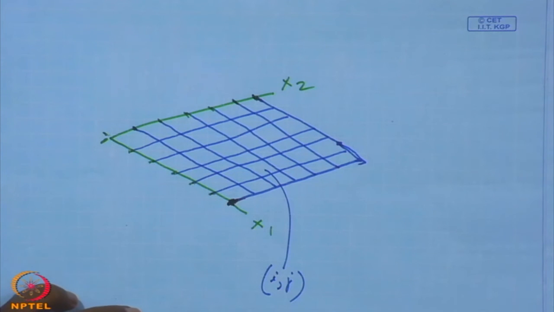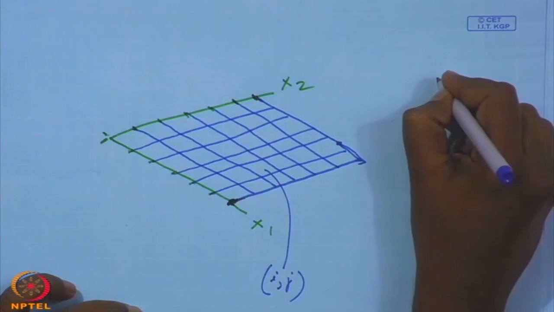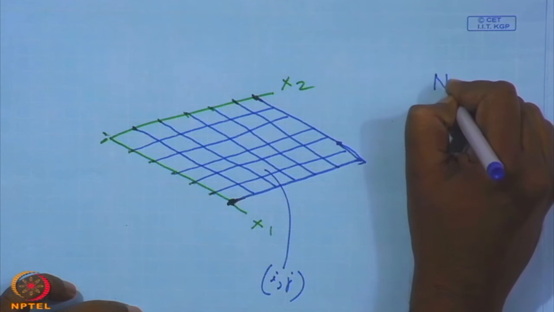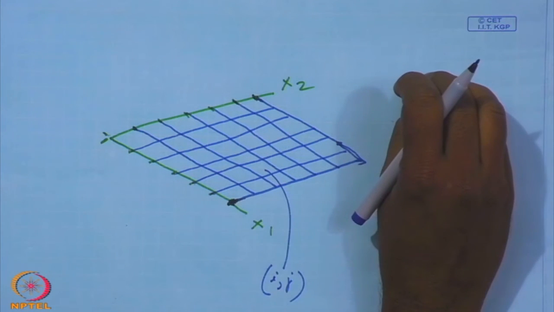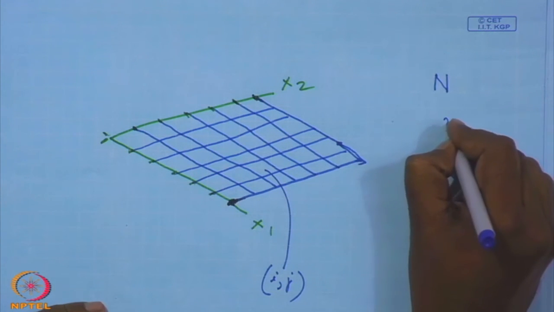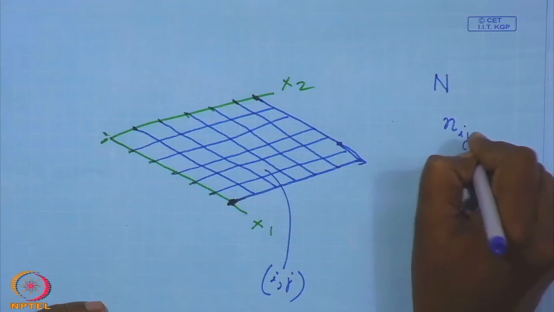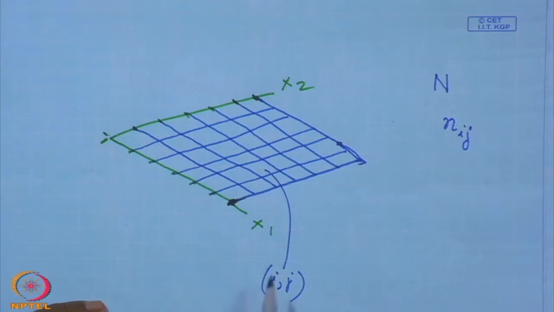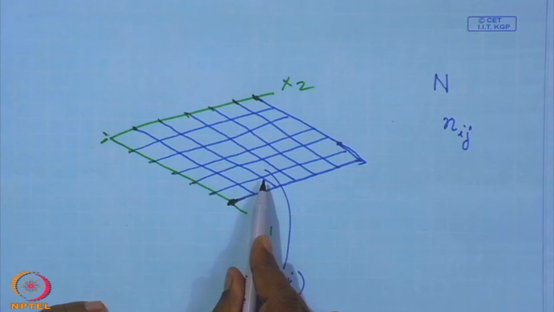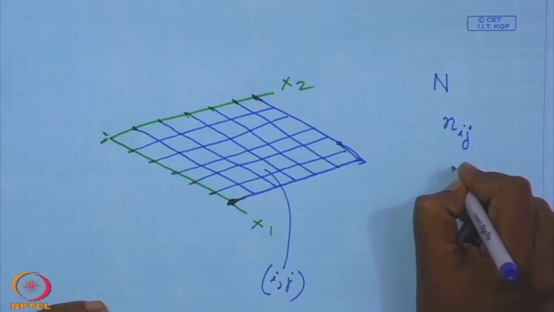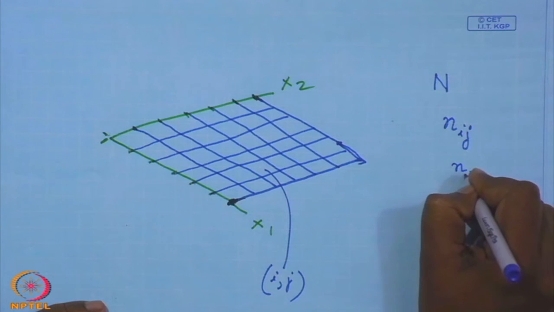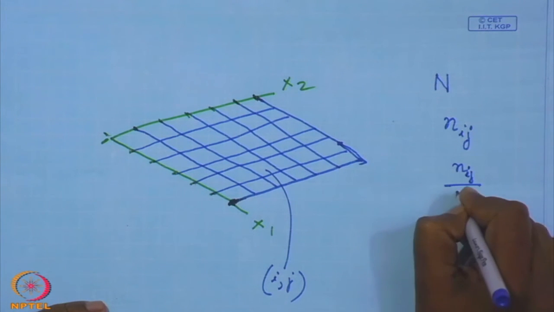So, I pick up an ijth cell, and as before, the total number of samples given for probability density estimation is capital N. Out of this total, suppose n_ij is the number of samples falling within this ijth bin. Then the probability estimate of this will be given by n_ij upon capital N.